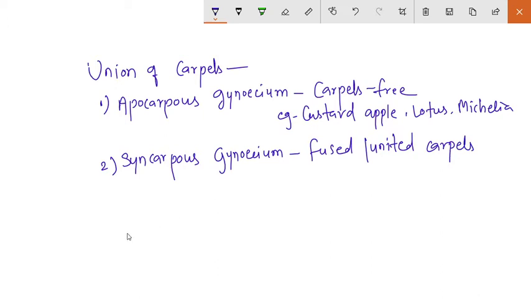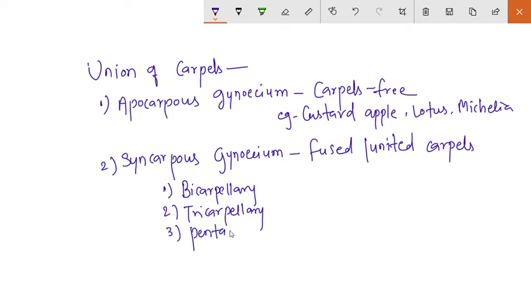So according to how many carpels are present in the gynoecium and they are united, they are bicarpellary, tricarpellary, pentacarpellary, and polycarpellary.